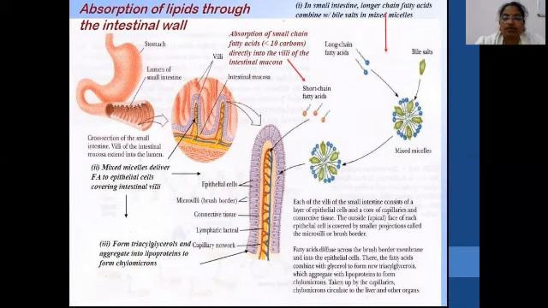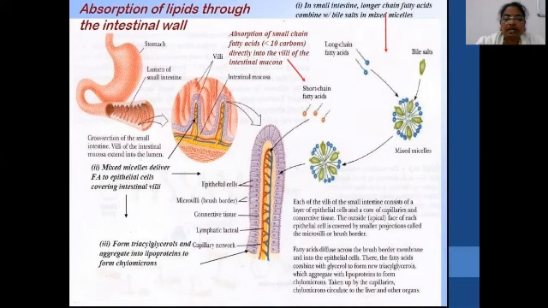Each of the villi of the small intestine consists of a layer of epithelial cells and a core of capillaries and connective tissue. The outside apical face of each epithelial cell is covered by small projections called the microvilli or the brush border.